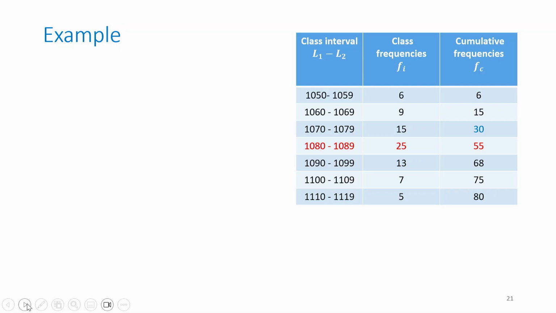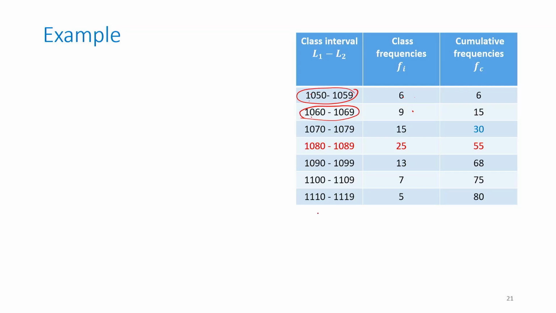Now here is the data. We have class intervals with lower and upper limits 1050 to 1059, 1060 to 1069, and these are the class frequencies 6, 9, 15. That means the number of data within this group is 6, the number in the next group is 9.